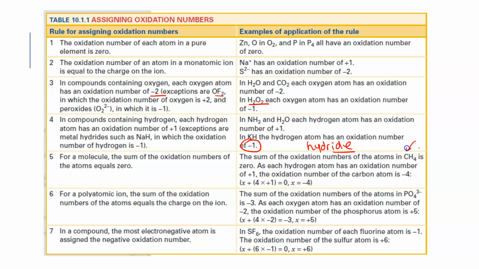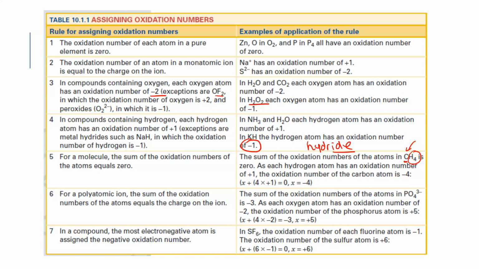So in this case for methane, we don't have a rule for carbon. Carbon can have a changeable oxidation number. So hydrogen is +1, so I've got 4 lots of +1 that I need to balance out, which means carbon must be -4 because it needs to sum to 0 overall because there is no charge on this molecule.